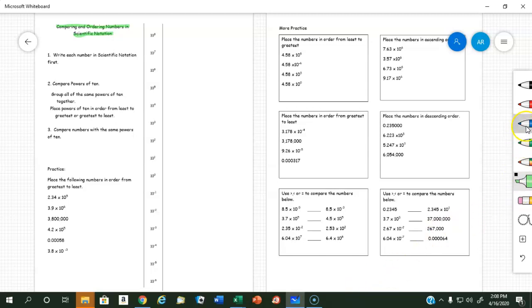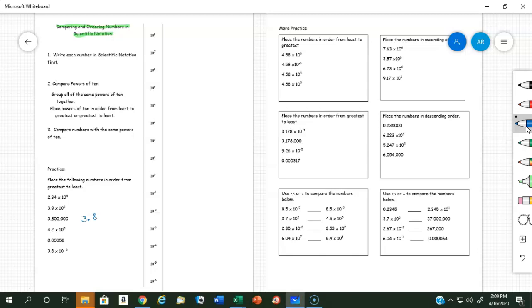Anything that's not in scientific notation, I'm going to have to convert. So let's look at my practice sample. I have 2.34 times 10 to the 5th, and that is already in scientific notation. 3.9 times 10 to the 6th is also in scientific notation, but the 3,800,000 is not. So I want a decimal point right here.